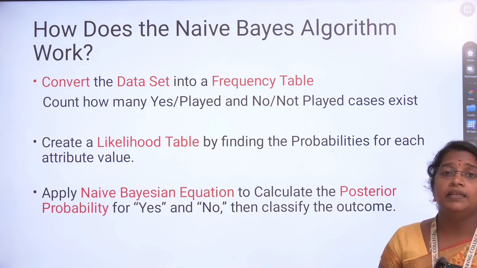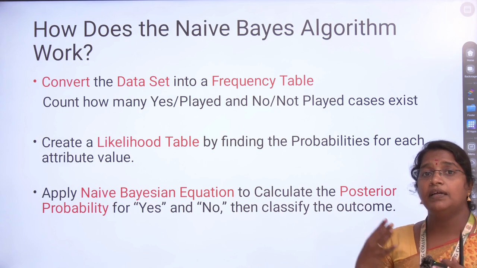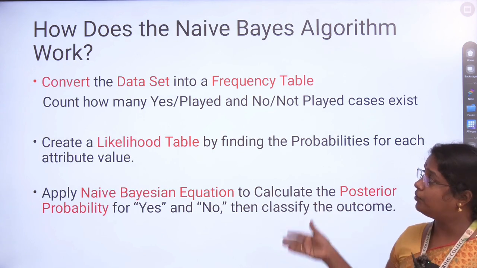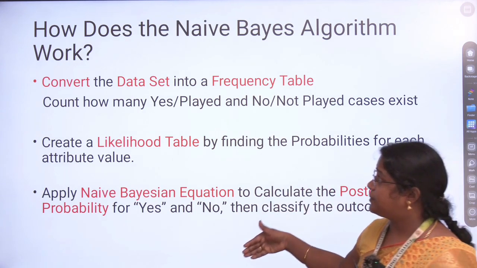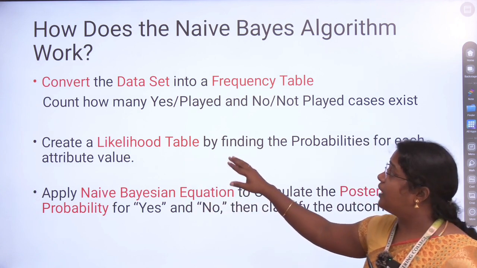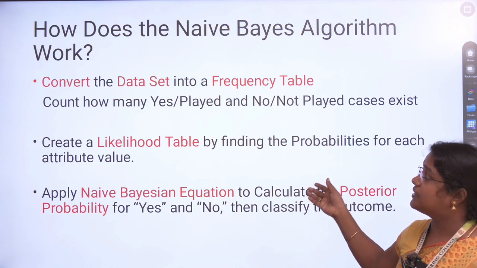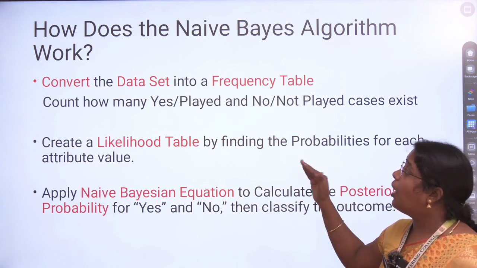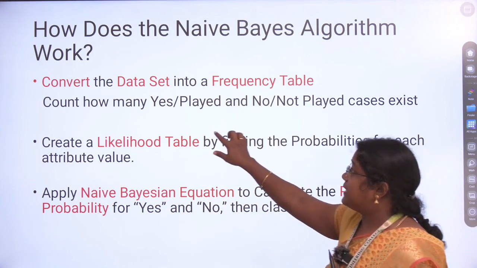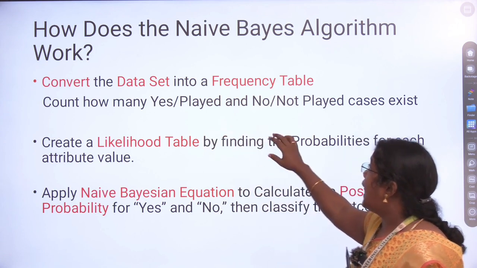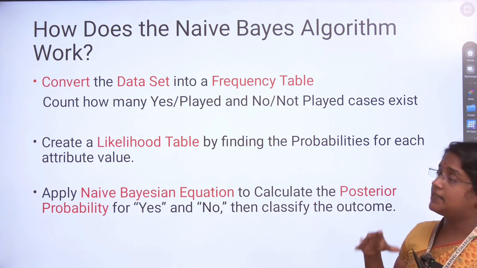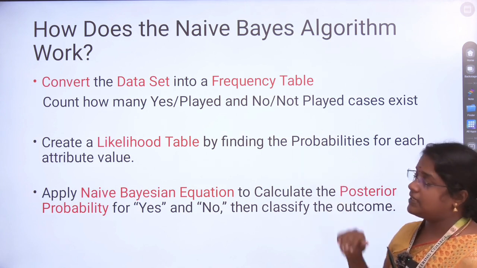For predicting that unseen input data, we have to follow these steps. The first step is to convert the data set into a frequency table. Here, count how many yes cases, which means the played class, and not played cases exist. That is called a frequency table.